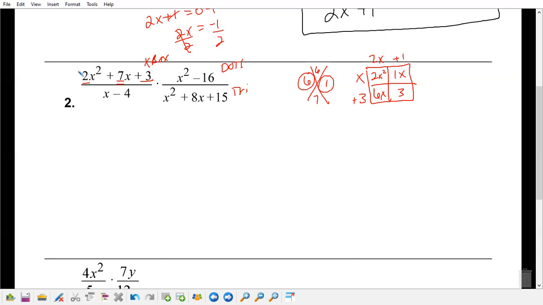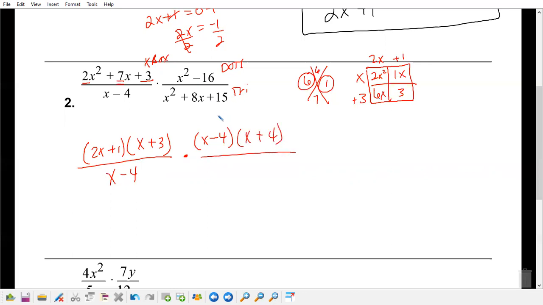And so factors are, we have 2x plus 1 times x plus 3 over x minus 4 times difference of two squares, x minus 4 times x plus 4 over what multiplies to give me 15, but adds to give me 8. 5 and 3. So we have x plus 3 and x plus 5. So everything has been completely factored.